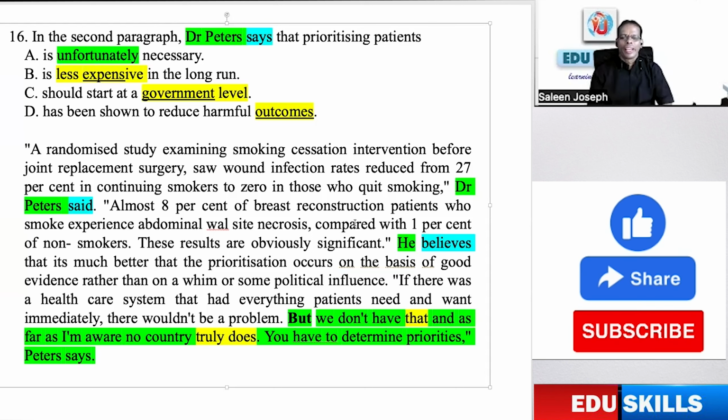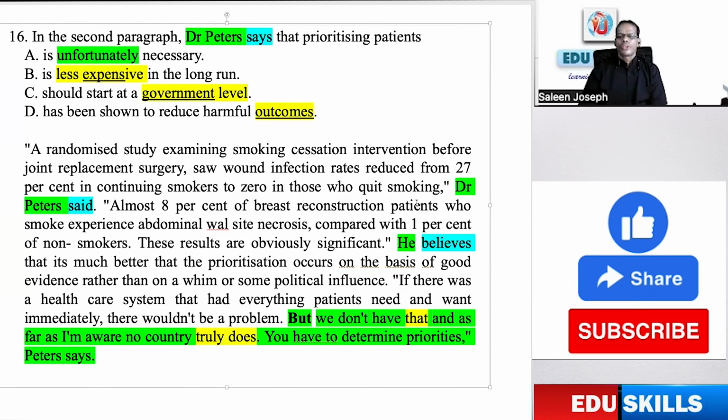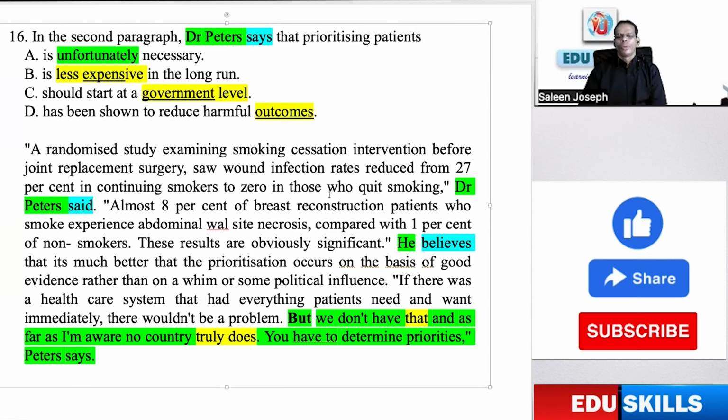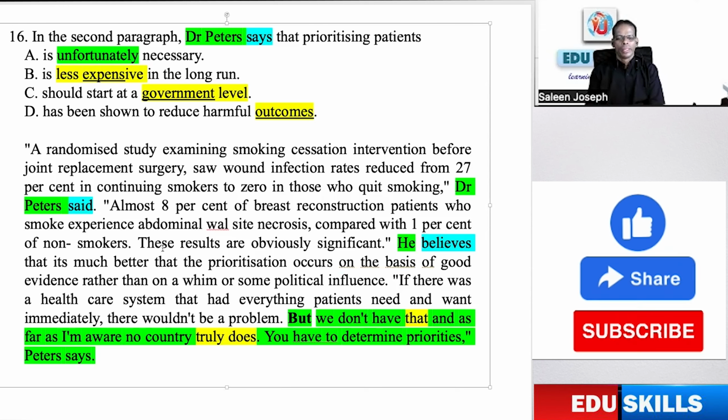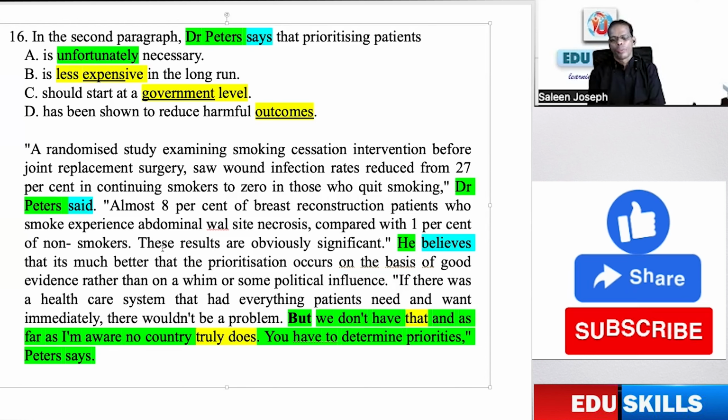It is the example given. For example, here you see those who quit smoking, 0% in those who quit smoking, and 1% of non-smokers, means those who don't smoke. Both are same. Those who have quit, those who are not smoking, they are non-smokers.